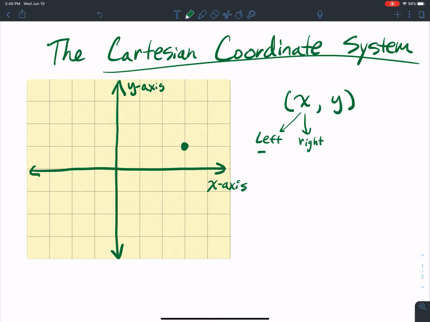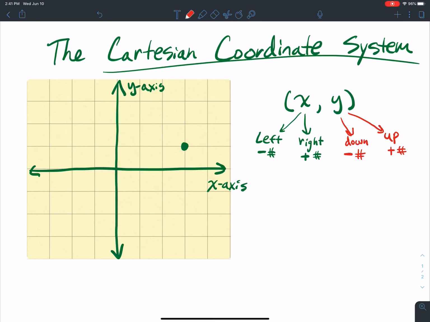If it's a negative number, you go to the left, and if it's a positive number, you go to the right. And then the y-coordinate tells you how far down or up to go. If it's a negative number, you go down, and if it's a positive number, you go up.